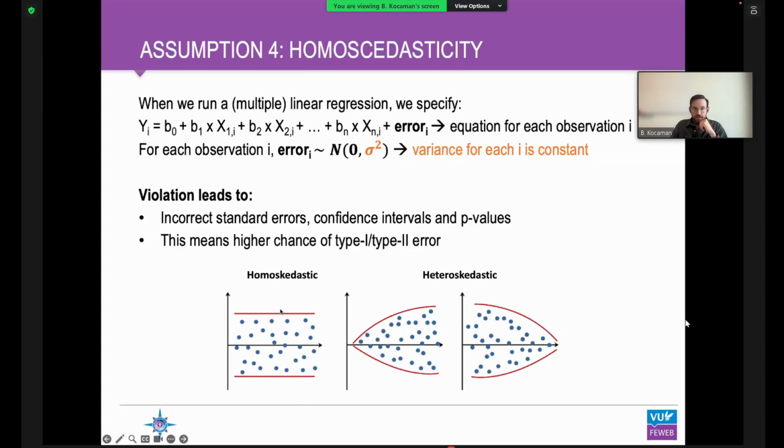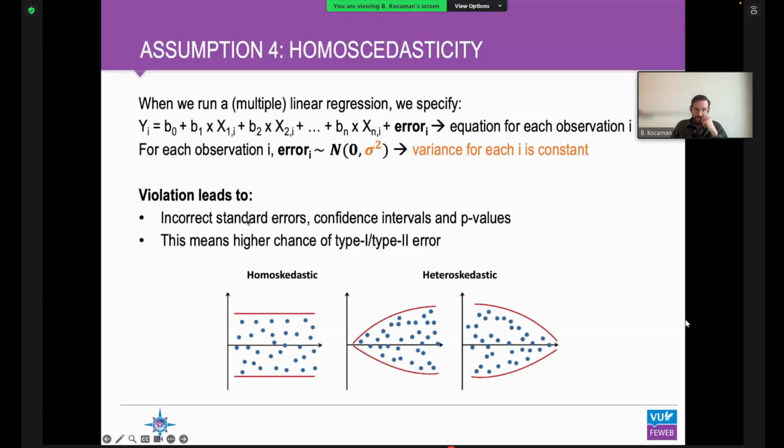Meaning that you actually should see, if you look at the residuals versus fitted values, for instance, this kind of random cloud of static. So the variance in your lower fitted values should be similar to the variance when you have higher fitted values.